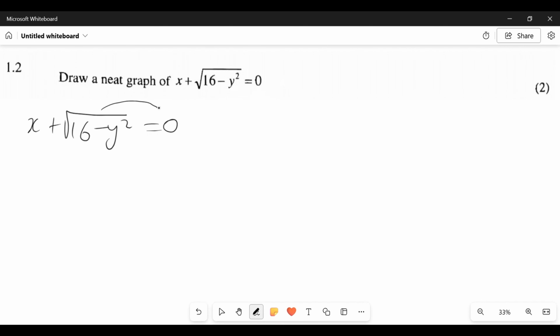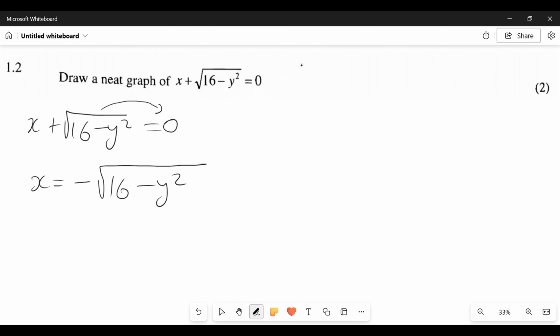So we were supposed to transpose this root 16 minus y squared to the right hand side. So we're going to be left with x is equal to minus root 16 minus y squared. There we go. And now when it's like this, guys, this becomes our semicircle.